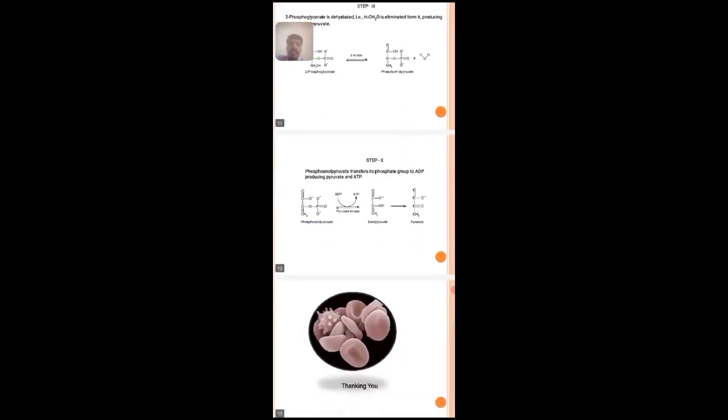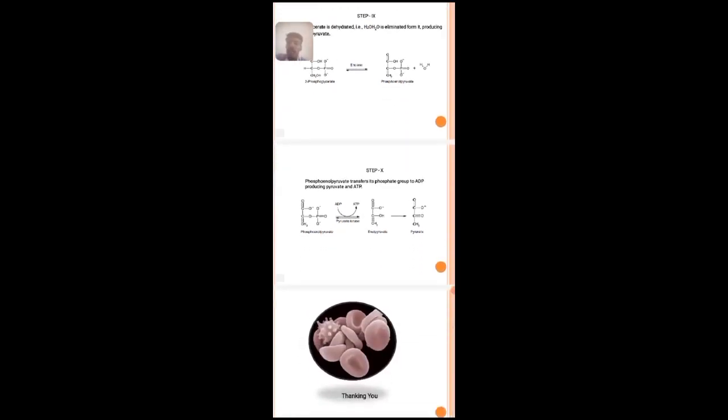And step 10, substrate level phosphorylation. In the final step, phosphate is transferred from phosphoenolpyruvic acid to ADP. Thus ATP is directly synthesized and pyruvic acid is also formed. The reaction is catalyzed by the enzyme pyruvate kinase.